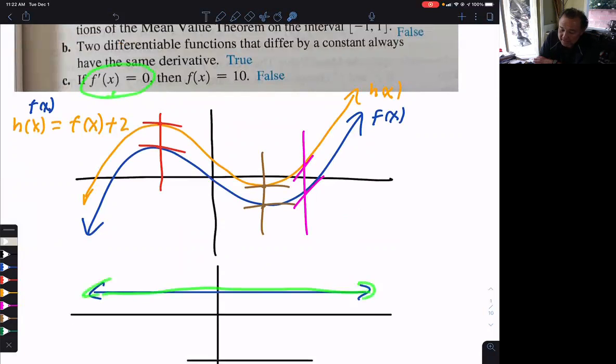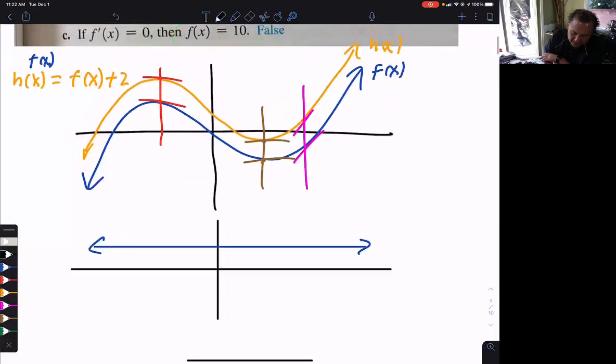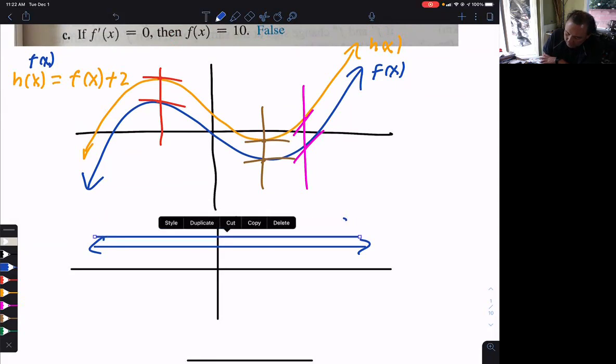Their conclusion is that your horizontal line will be y equals 10. No, this is false, because they're saying the only horizontal line that works is the one that goes through 10. That's false.